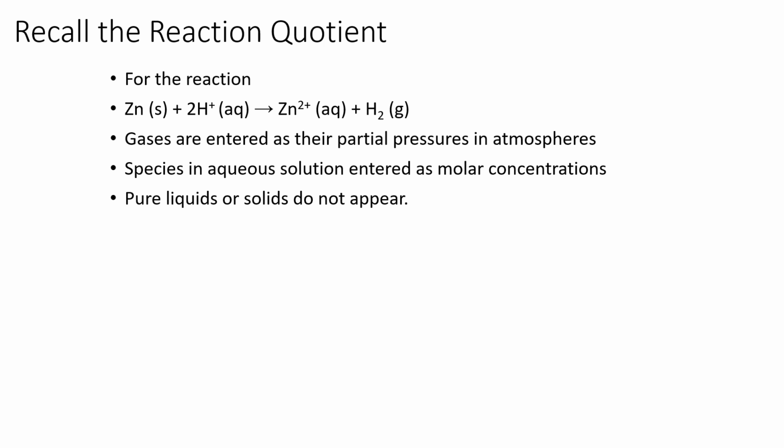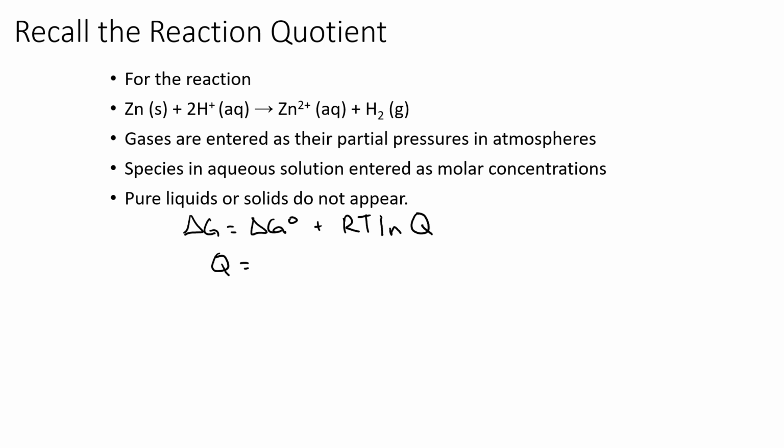Hopefully we've got that down. So remember that our delta G is equal to delta G naught plus RT ln of Q.